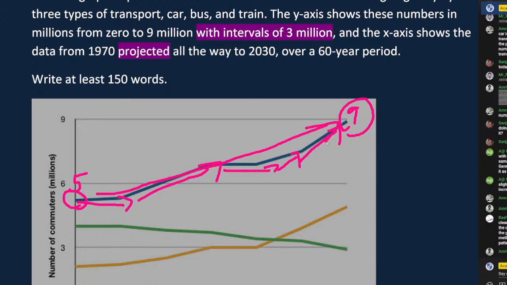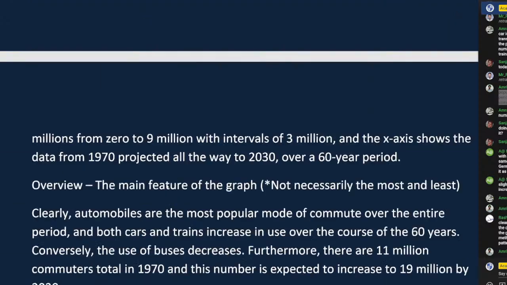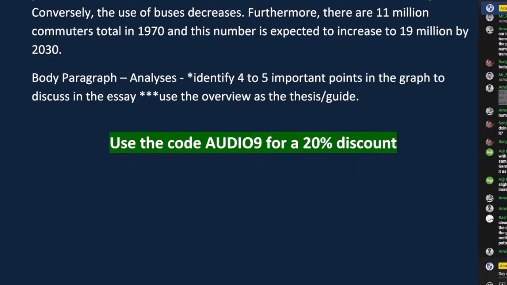It's a gradual, or a steady increase, okay, over the 60-year period with slight variations. So you can say with slight variations, but I wouldn't go, okay, and then it's consistent, and then it increases, and then it sharply increases, and then you're going to run out of words, and it becomes really confusing for your reader too with that level of detail. So you don't need that level of detail. You just want to say that it's a steady increase, okay? All right, so let's start with that, okay, the analysis, the body paragraph, okay?